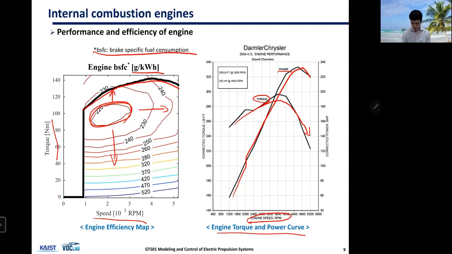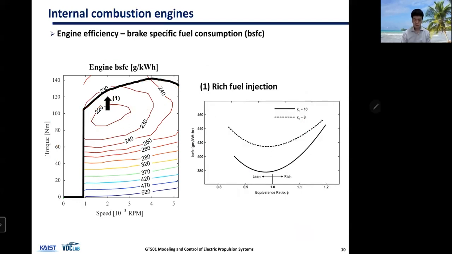So what this means is you get relatively flat torque, and you get maximum power at high speed. Okay, that's one of the characteristics of internal combustion engines, which is quite different from electric motors.